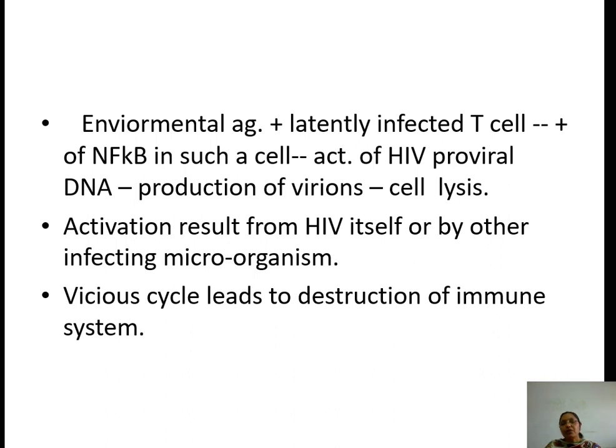There is production and proliferation of the virions, and ultimately release of the virions by budding and cell lysis. Now, activation results from HIV. The environmental antigen activation may result either from the HIV itself or from other infecting microorganisms. So a vicious cycle leads to destruction of the immune system.